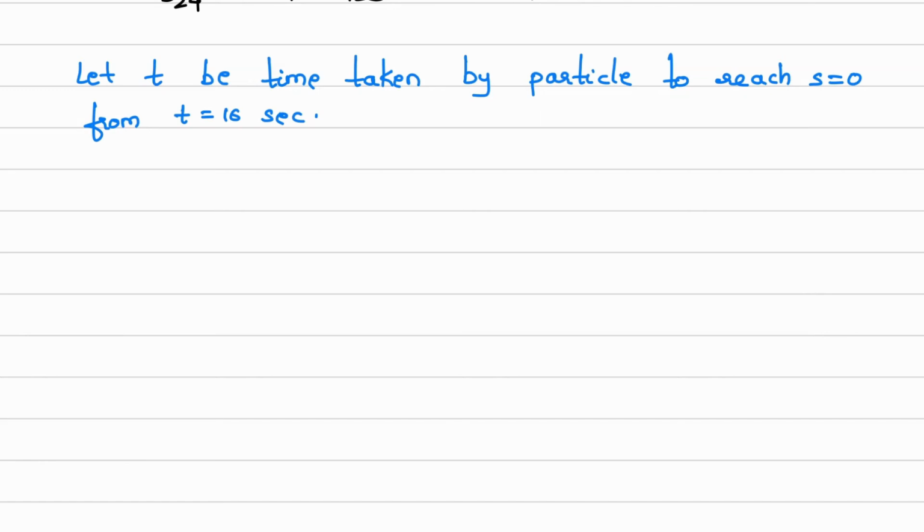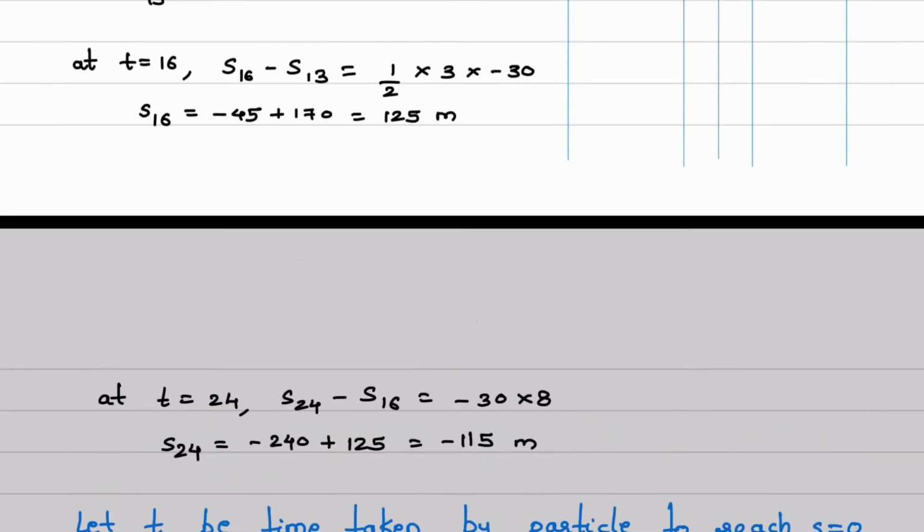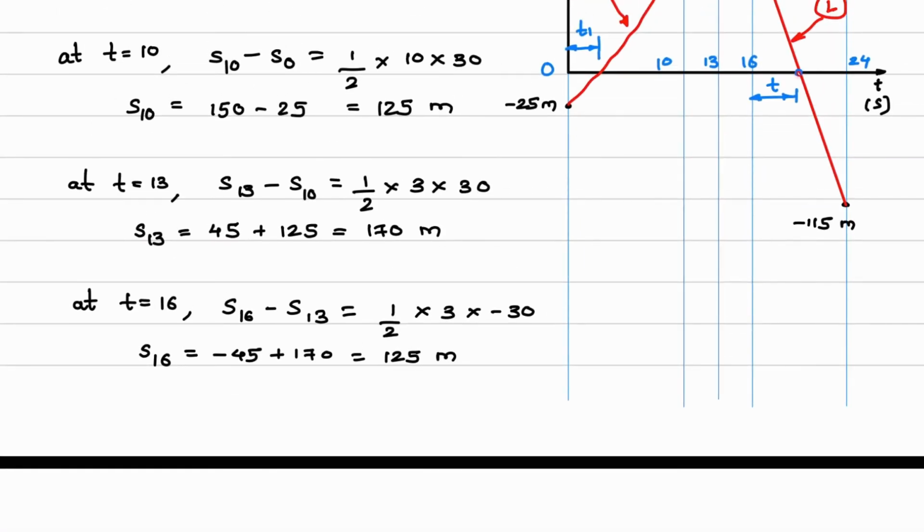So we have to calculate ST minus S16. We have to calculate ST, it will be this much, and S16 will be this much, so we will get this T. So ST minus S16 is equal to the area under the VT diagram for 16 to this time period.